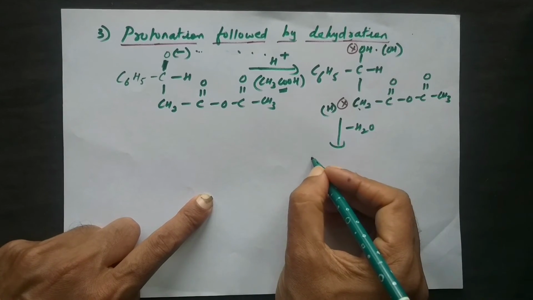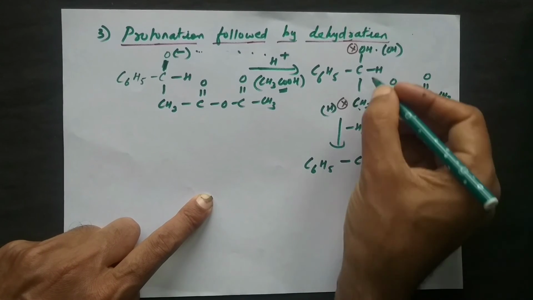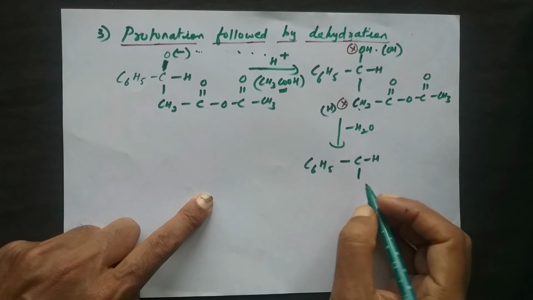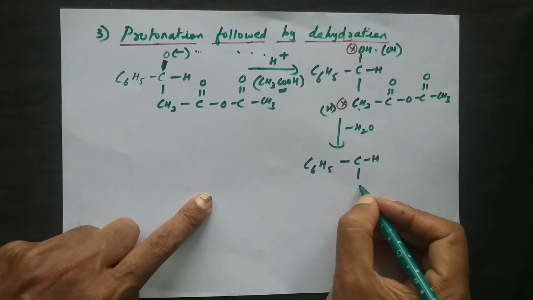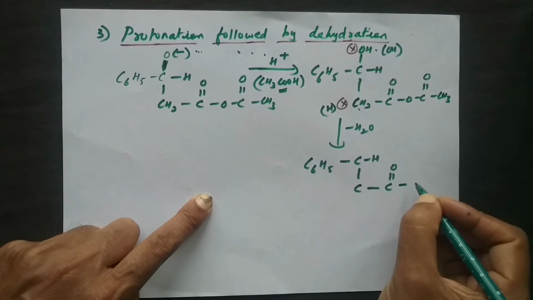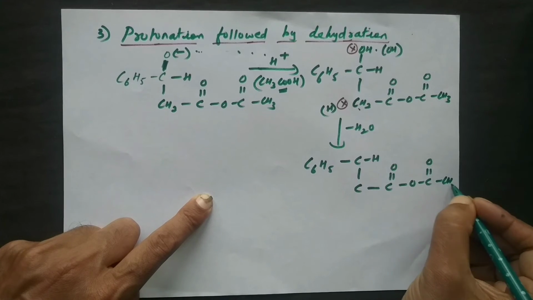So what will remain now is C6H5 C. We already have an H here. The OH is removed, so put a bond here. Here the two hydrogens are removed, only carbon will remain. Then we have C double bond O, the oxygen, and C double bond O and CH3.